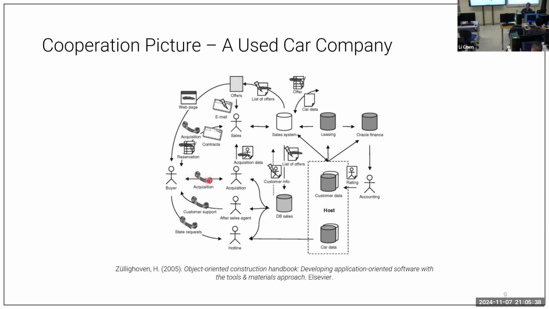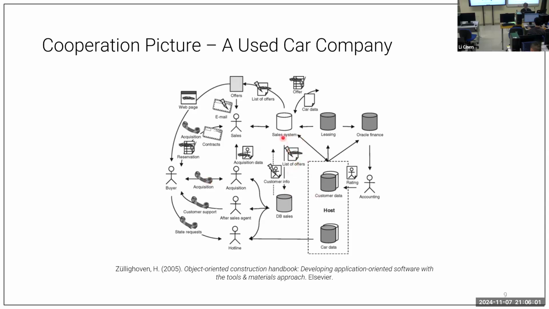In this case, they use telephones, right? But it doesn't matter. It can be a website, it can be through email, it can be through fax. It can be any way of communication, because we care about how the information will flow among these different stakeholders, right? So this is about the cooperation picture.